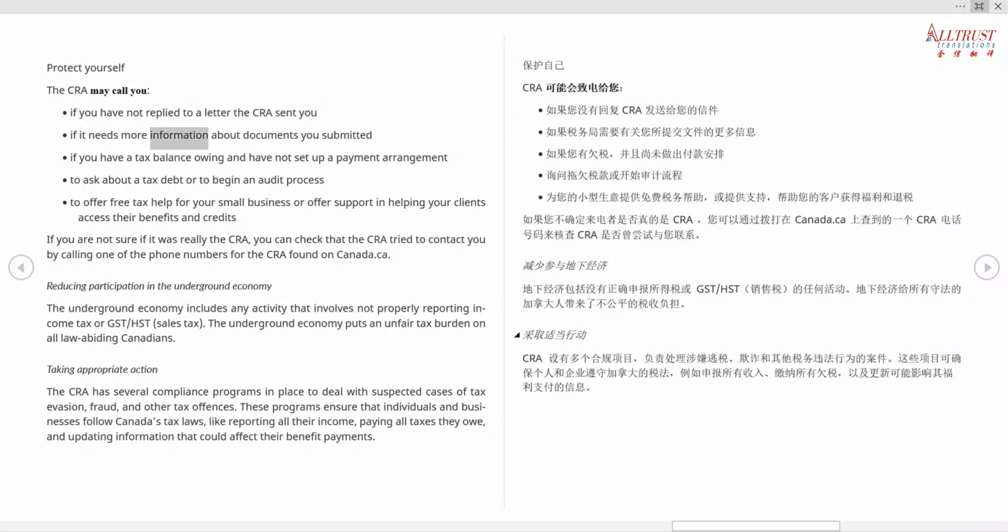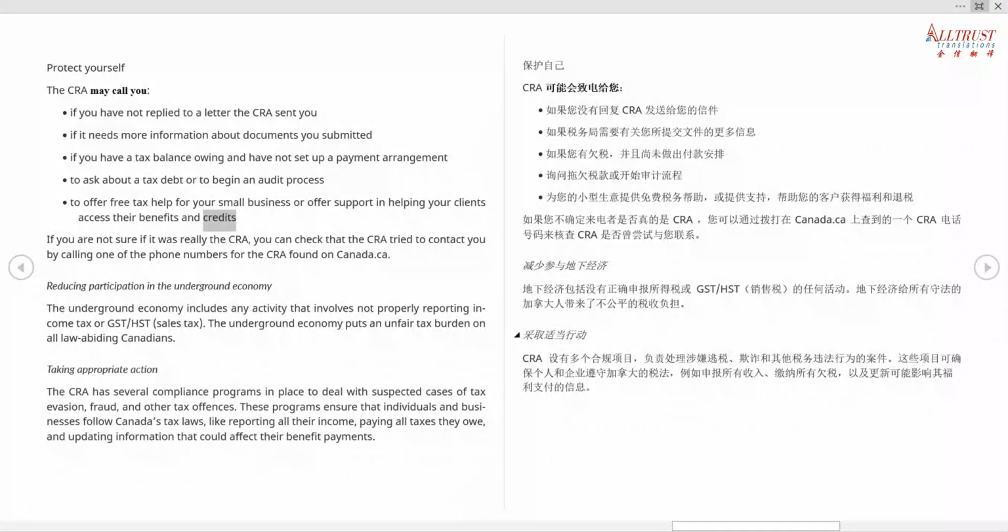If it needs more information about documents you submitted. If you have a tax balance owing and have not set up a payment arrangement. To ask about a tax debt or to begin an audit process. To offer free tax help for your small business or offer support in helping your clients access their benefits and credits.